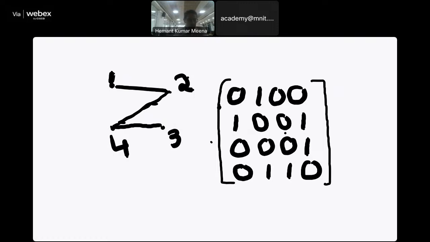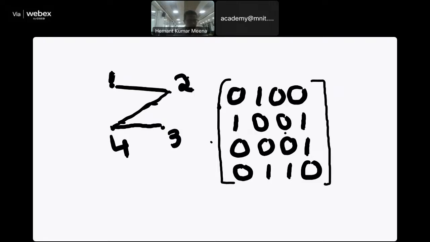Remember one thing: the graph and the signal are two things. Graph basically tells about the interconnection, right? But the graph signal value is different from it. So how is it different?